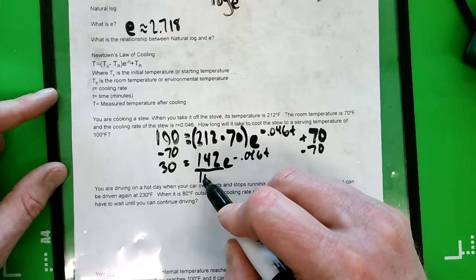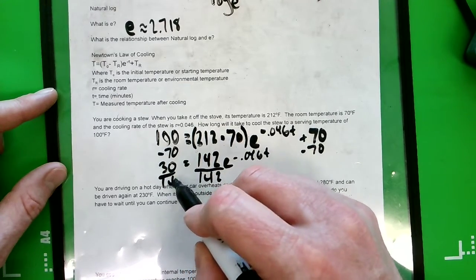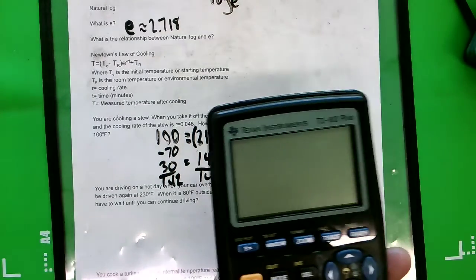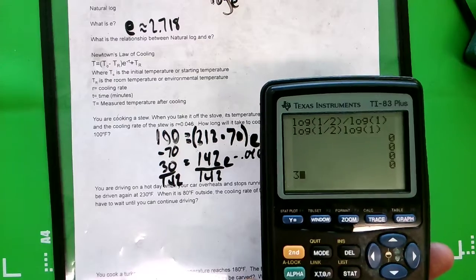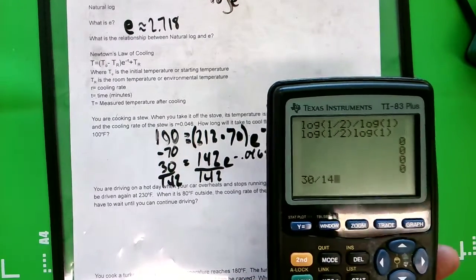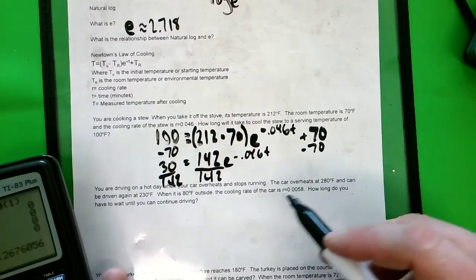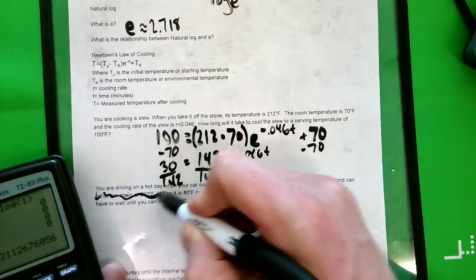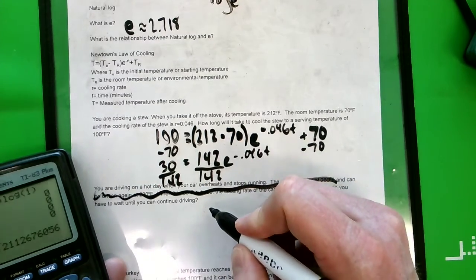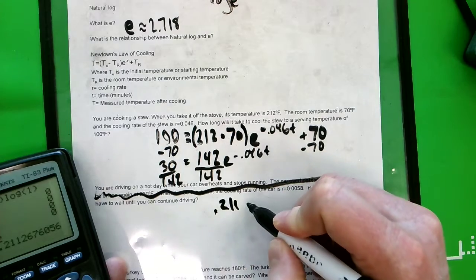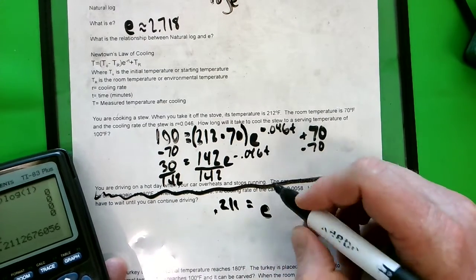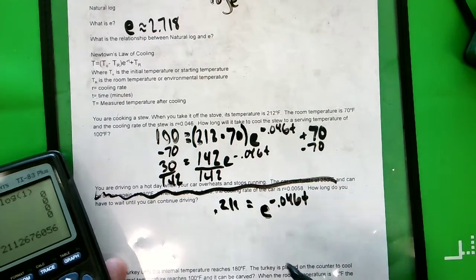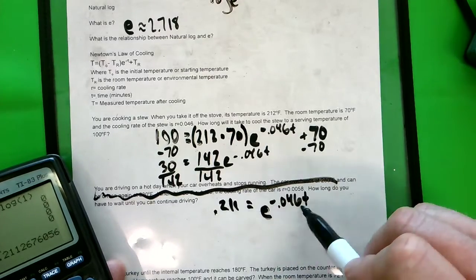We divide both sides by 142, and we have a calculator that we can do that with. 30 divided by 142 is 0.211. I'm just going to solve that down here. Forget about this problem for the moment. 0.211 equals e to the negative 0.046t power.